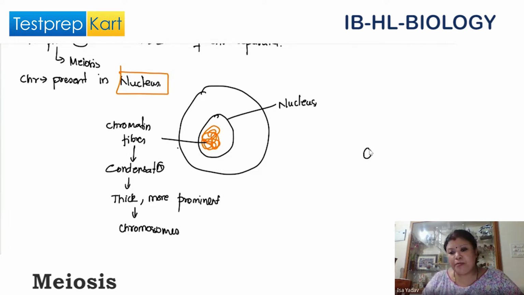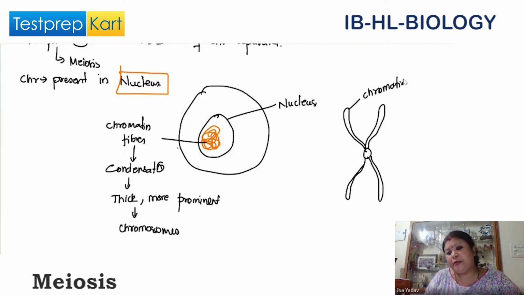If we look into a simple structure of chromosomes, this is what the chromosome is. This is called the chromatid. Chromatid means arms of chromosome.